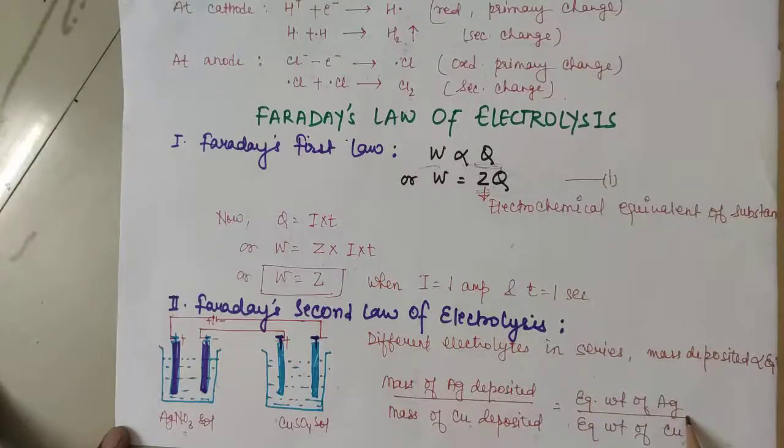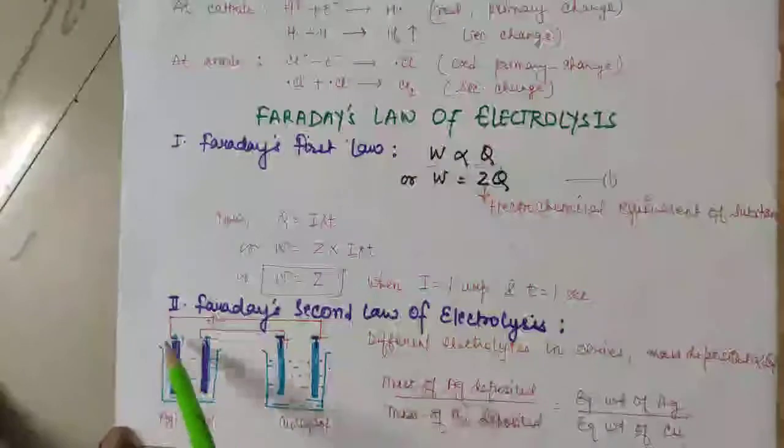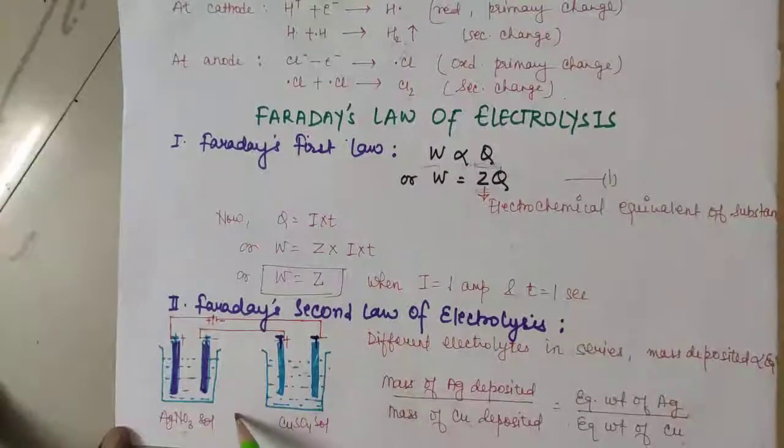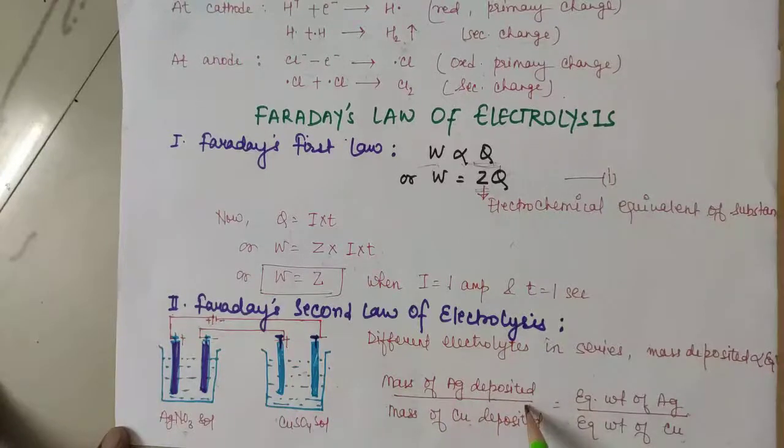That means it states that when the same quantity of electricity is passed through the solutions of different electrolytes connected in series, the masses of substances produced will be directly proportional to their equivalent weights. So we can write, mass of silver deposited upon mass of copper deposited will be equal to equivalent weight of silver upon equivalent weight of copper.